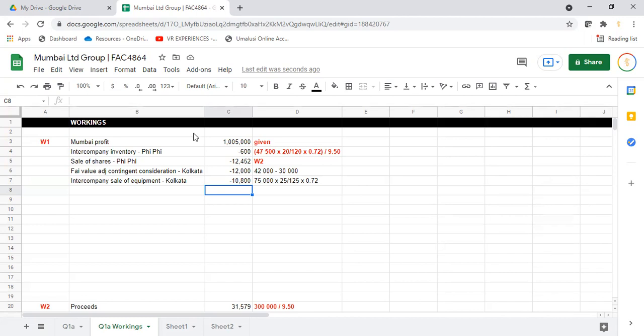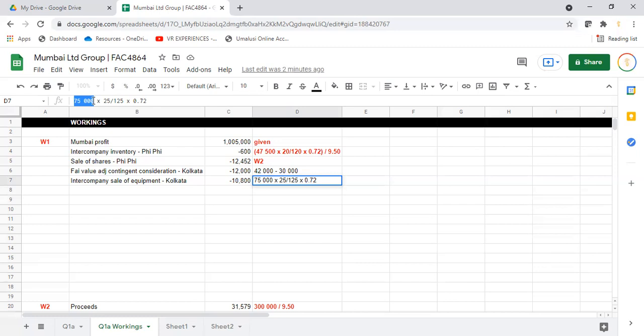Kolkata has the equipment at 75,000, so they are depreciating the equipment based on 75,000. But to the group, the equipment is not 75,000. It is 75,000 less the intercompany profit.